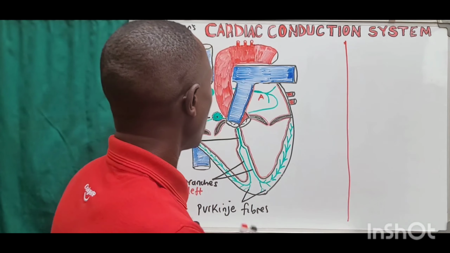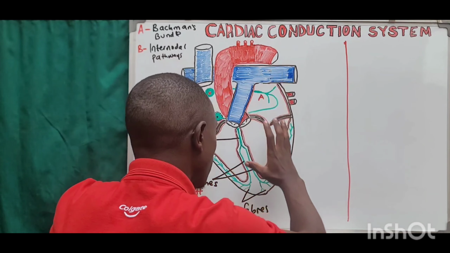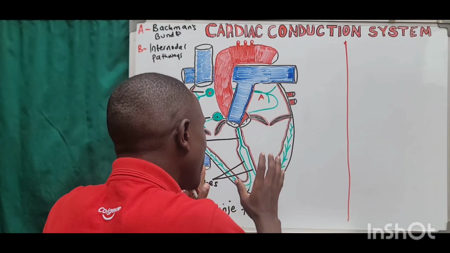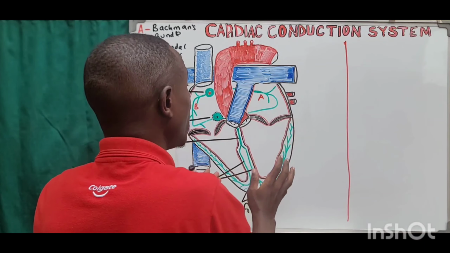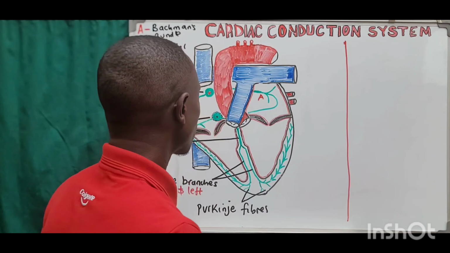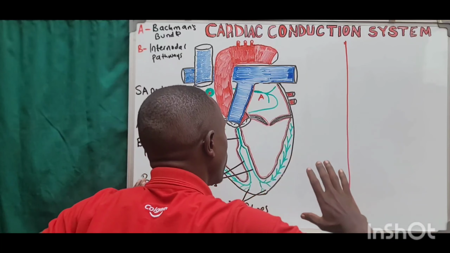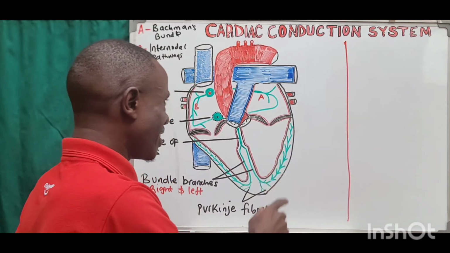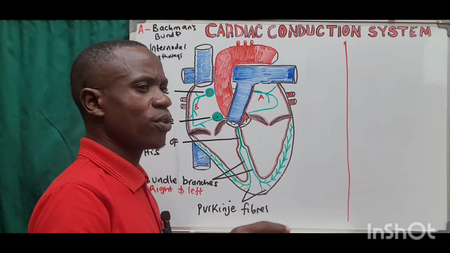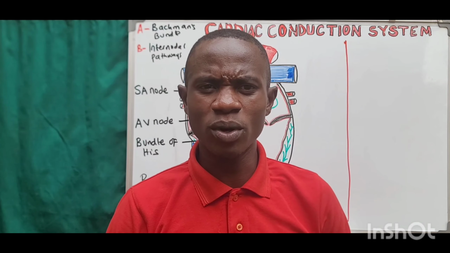The reason is we want to give enough time to the atria to fully contract and push the blood into the ventricles, and give the ventricles time to fill with the blood coming from the atria before the ventricles contract. That is the reason why the atrioventricular node holds the action potentials for approximately 0.1 second.